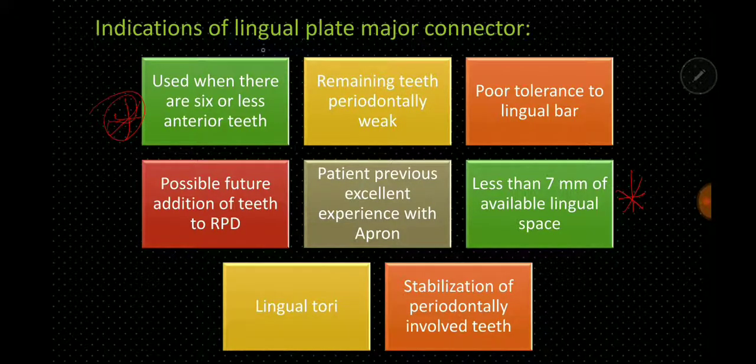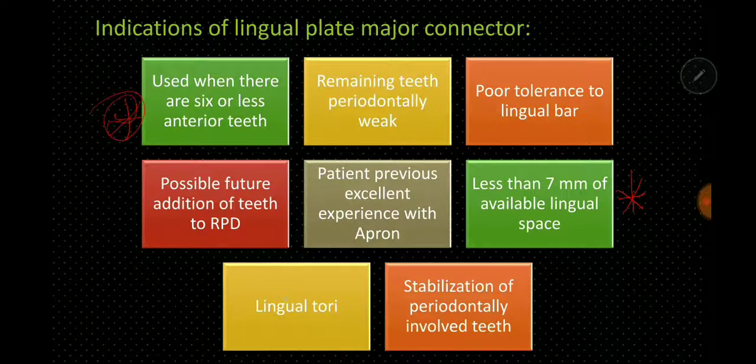Remember when we reviewed the indications for the lingual bar? Now here we're discussing the lingual plate. If the distance from the gingival margin to the floor of the mouth is less than 7 millimeters, then you want to use the lingual plate.